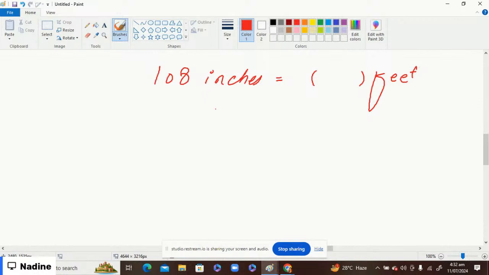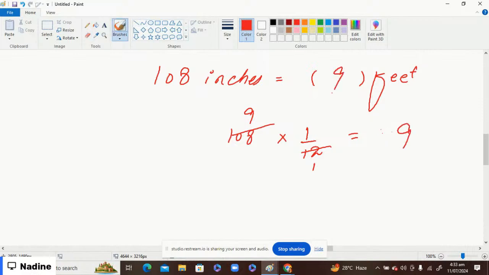How to solve it? Think about it, everyone. So it's 108 times 1 by 12. 12 times 1 is 12, 12 times 9 is 108. So 108 feet is your answer. Sorry, 9 is your answer. It's not 108, okay? So 9 feet.